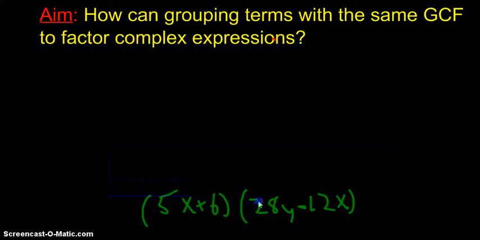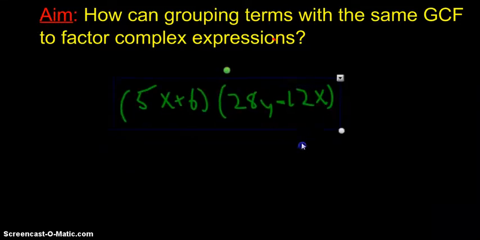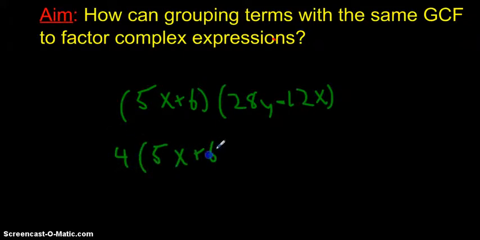But this has a GCF of, what, 2 goes into both of these? 4 goes into both of those. So that's 4 times 5x plus 6, and when we factor out that 4, that leaves us with 7y minus 3x, which looks familiar. I think that was the factor from before.